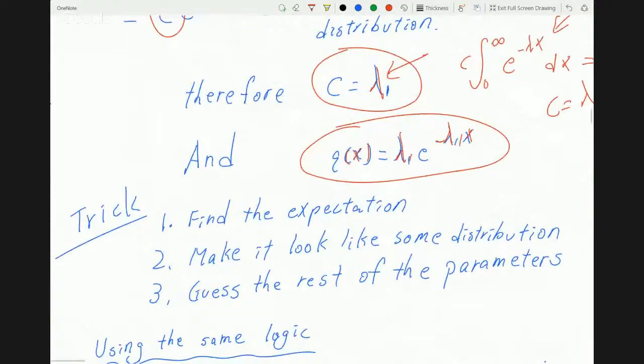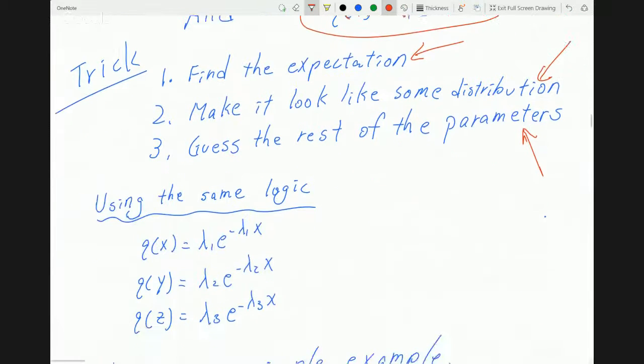So the trick that I'm trying to explain is that we just go and find the expectation, and then we try to make it look like some other distribution and just make a guess on the rest of the parameters. And this will work a good deal of the time, especially if the joint distribution was really independent. But that's not always the case.